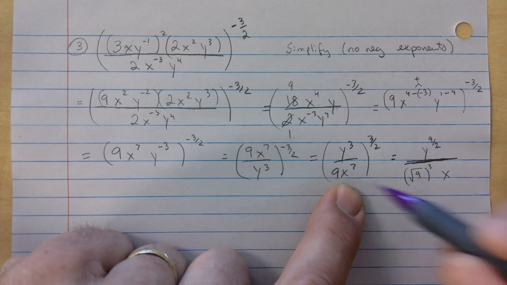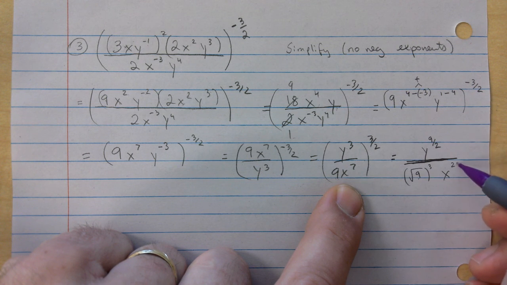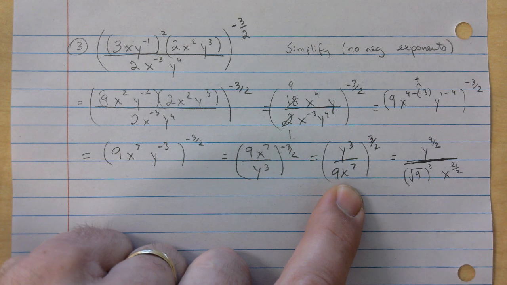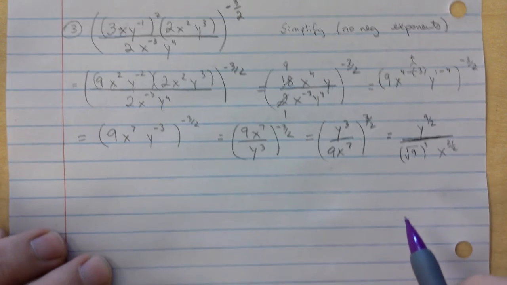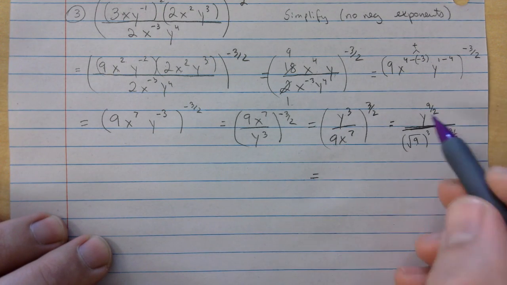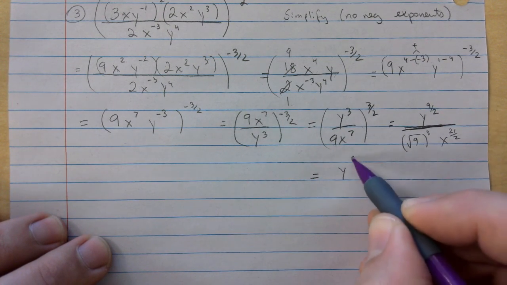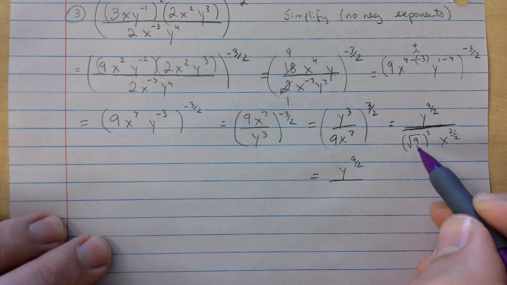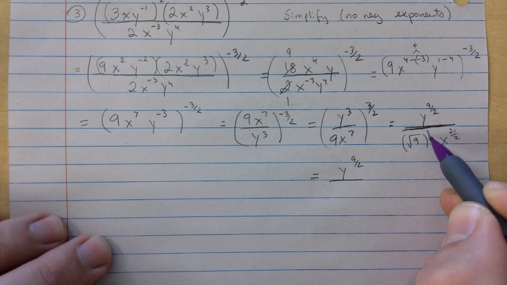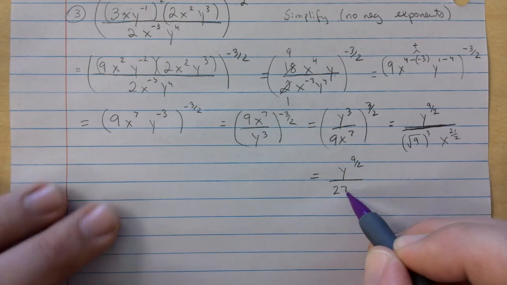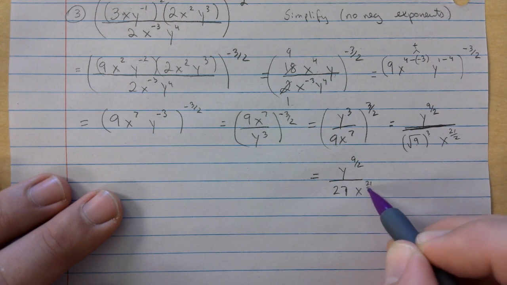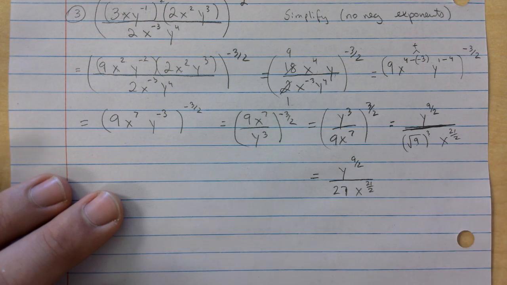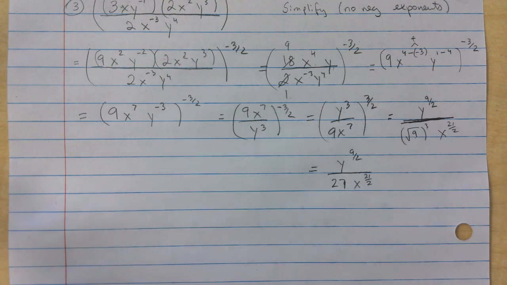And then it's x 7 times 3, which is 21 over 2, like that. And one last step here, just to clean it up, y 9 over 2, and this is 3 to the power of 3 is 27, x 21 over 2. Don't go decimals or anything like that, just leave it like that, and that'll be it.